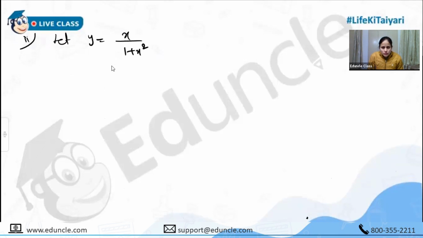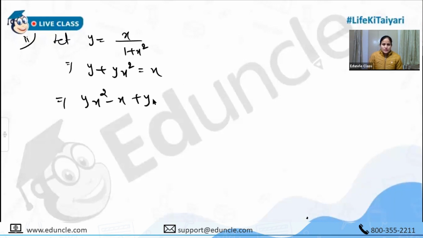Let's have a look quickly. y plus yx square equals x. The thing is yx square minus x plus y is equal to 0. As my x is real, the domain is entire R, that's why this second method will work.